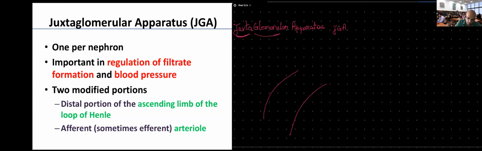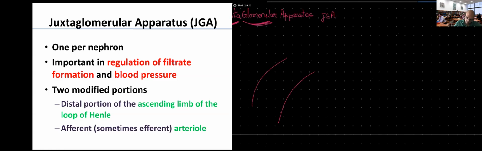I am located close to the glomerulus. If we're looking on here, this is my Bowman's capsule, like this. This is my proximal convoluted tubule.